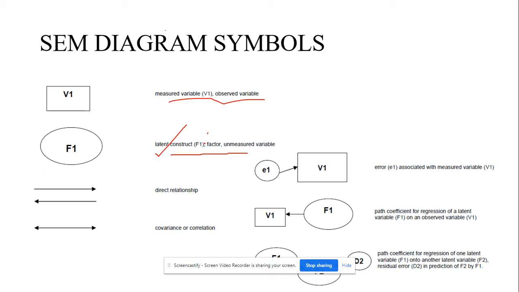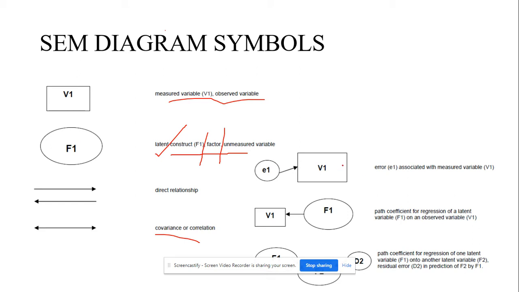These are basically the different names. The arrows show direct relationships, and covariances or correlations are shown by double-headed arrows.